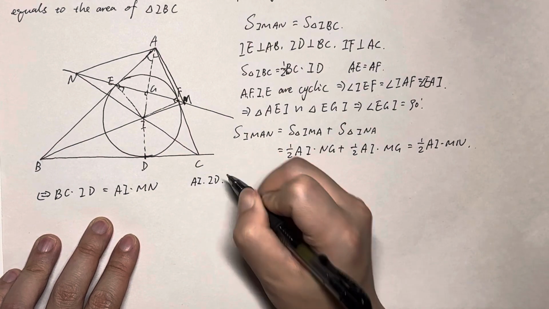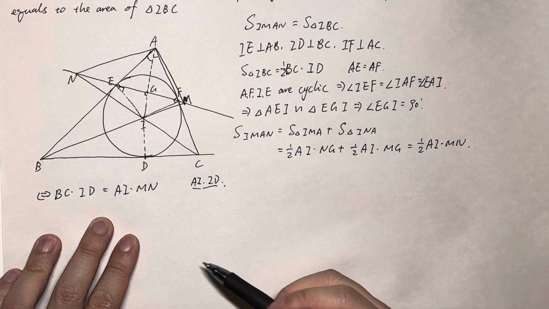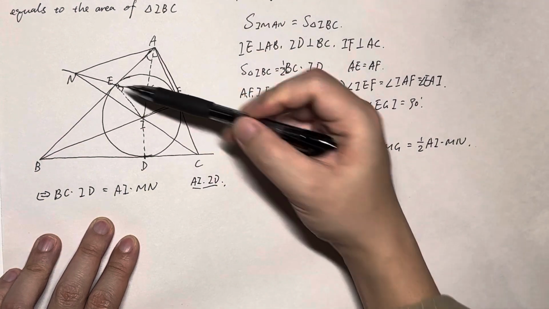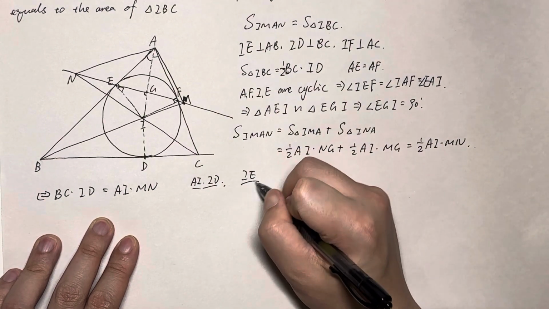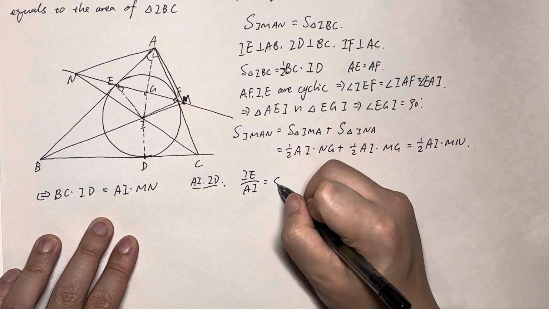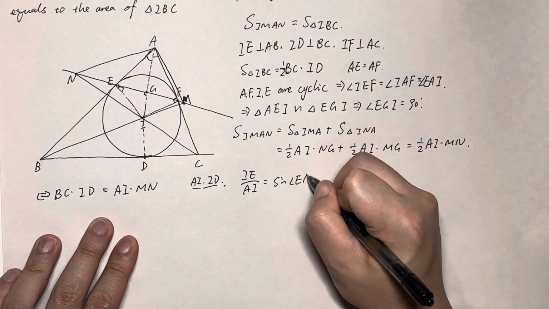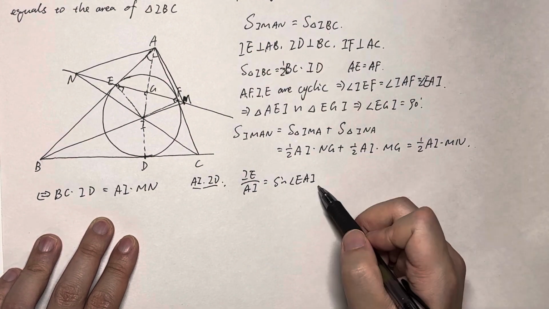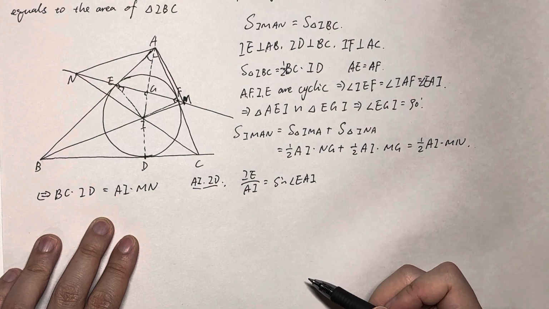The AI and ID, these two. Because ID equals IE, and we know that IE to AI equals sine of angle EAI, which is a meaningful ratio, right?